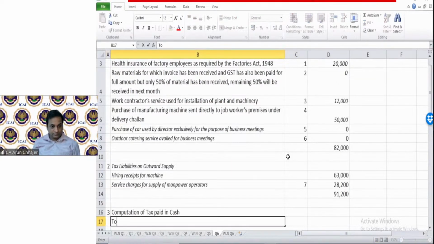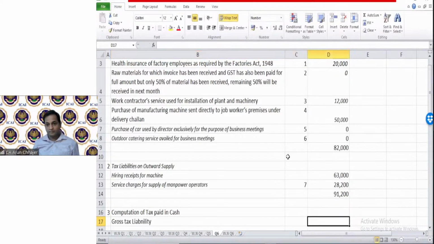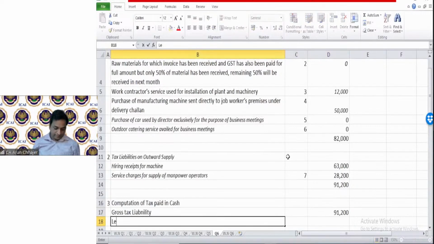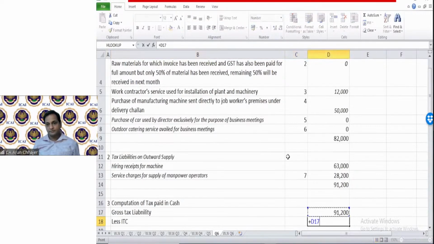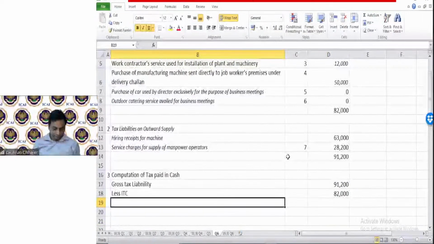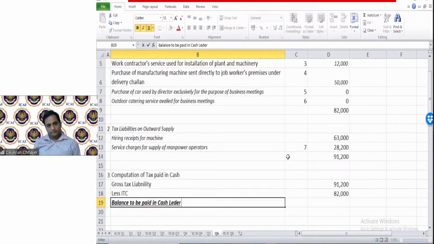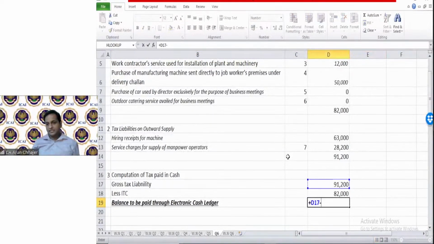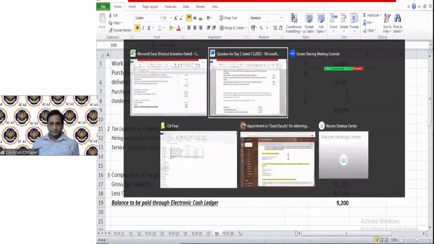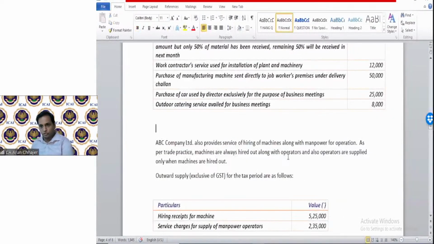Total gross tax liability 91,000 less ITC 82,000, balance to be paid in cash. So I can say the balance amount is to be paid through electronic cash. So by this, my next question is also completed.